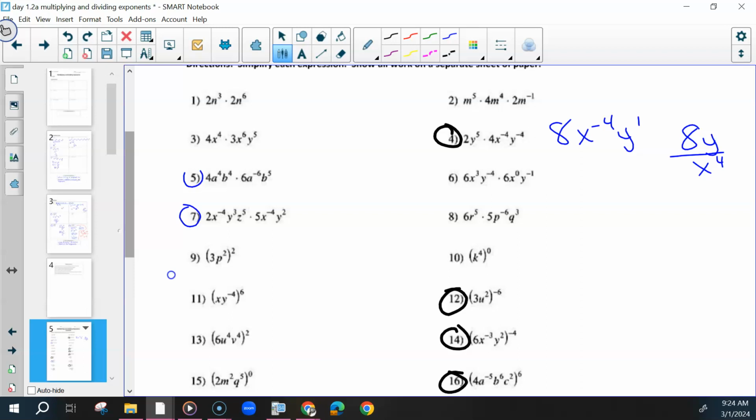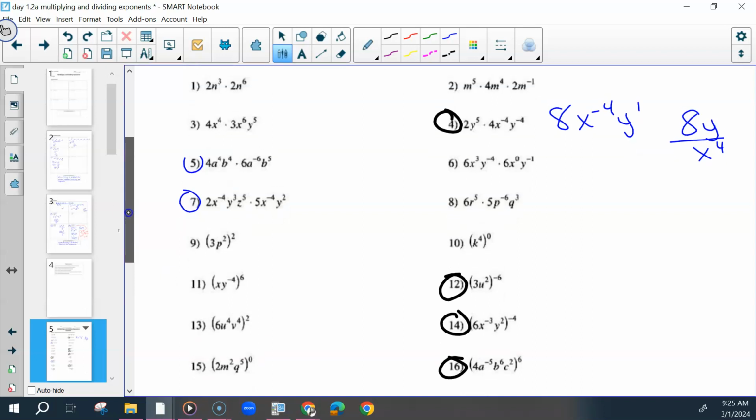Questions? Okay. So number 1, if you were expanding this, you are more than welcome to keep doing that. But remember that you want to try to use your rules, because you could miscount or something. Okay. Number 5, similar.